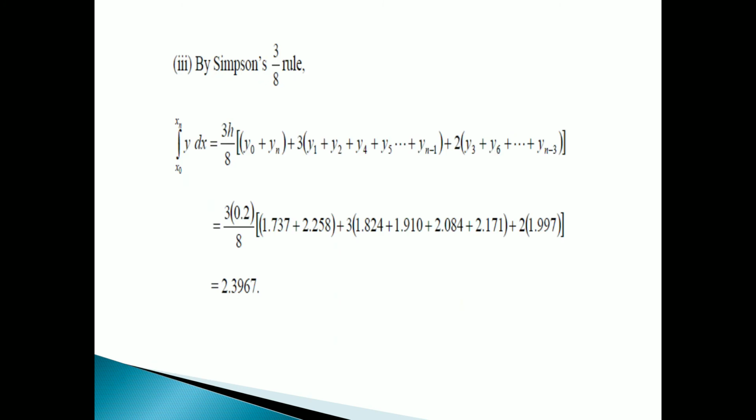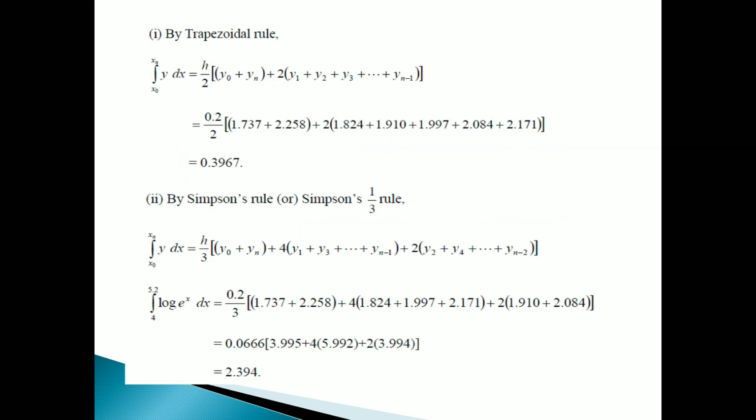By the trapezoidal rule, which is given by h by 2 times y0 plus yn plus 2 times all the other values of y, substituting all the corresponding values of y in this formula gives the value 0.3976.